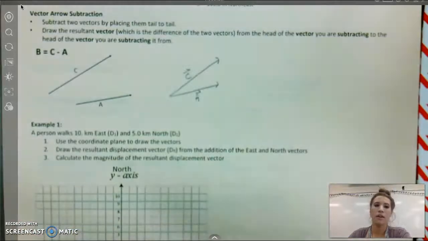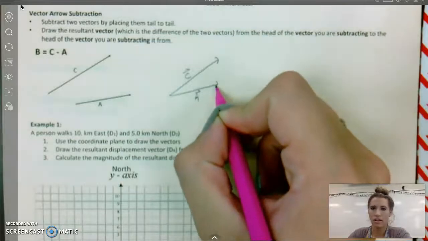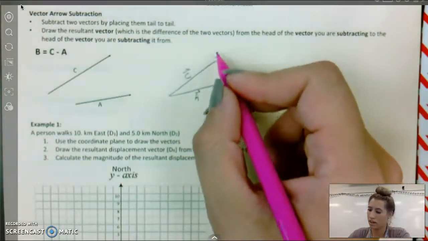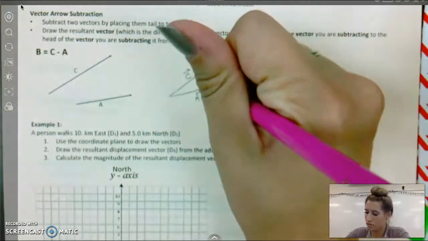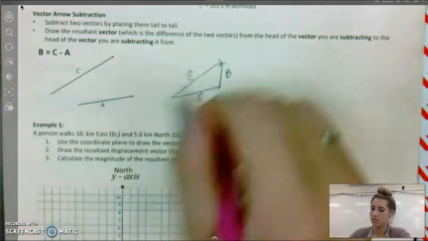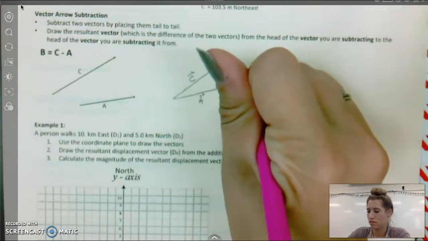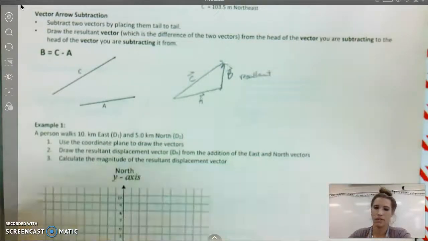And then the resultant vector is drawn from the head of one vector you're subtracting to the head of the other vector. So this resultant B would be right there.